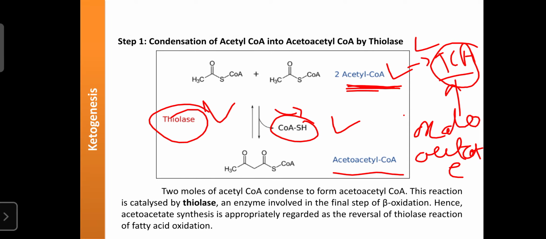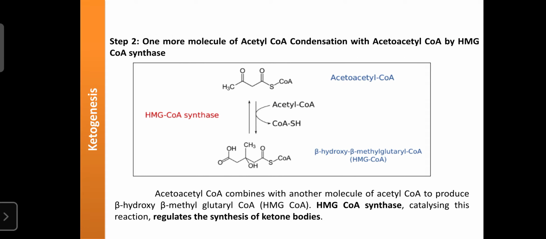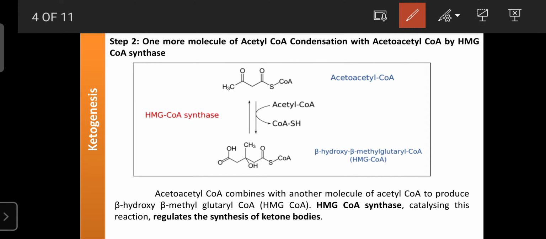Next, regarding step 2, one more molecule of acetyl CoA condenses with the acetoacetyl CoA by the enzyme HMG CoA synthase. Here another molecule of acetyl CoA condenses or joins with the previously formed acetoacetyl CoA in the presence of the HMG CoA synthase enzyme. Then a new molecule is formed, and coenzyme A is released.